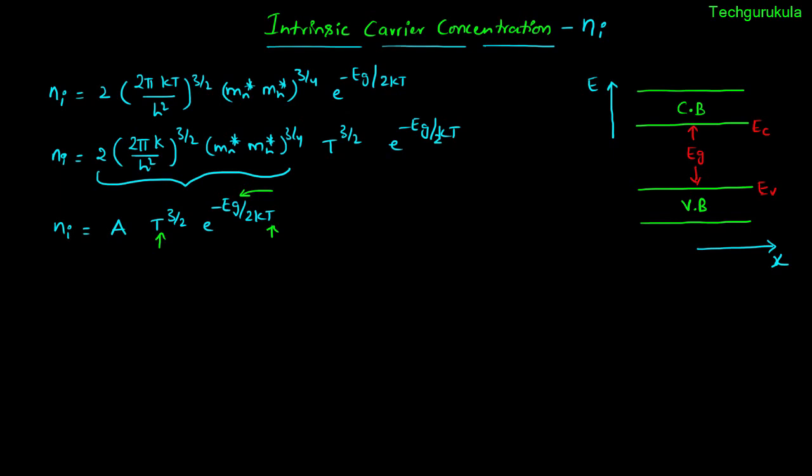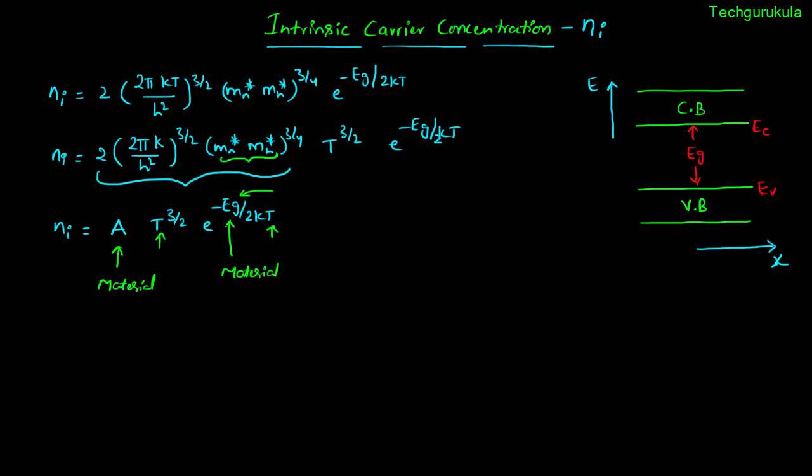And another thing to note is A is a constant that depends on the effective mass of electron and hole, and the rest are all constants, the k and h, Boltzmann constant and Planck's constant. Which means the effective mass of electron and hole is something that is characteristic of the material itself, which means A depends on material, and the Eg is also dependent on material, in the sense of what material you're picking.